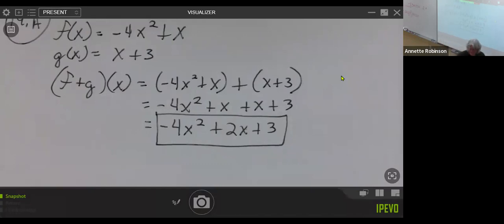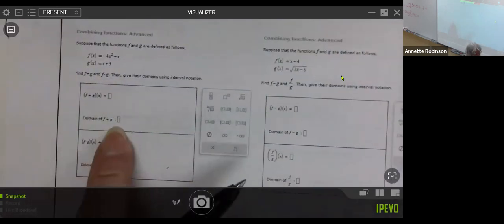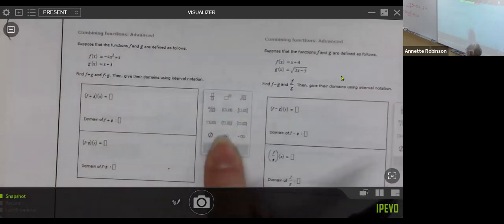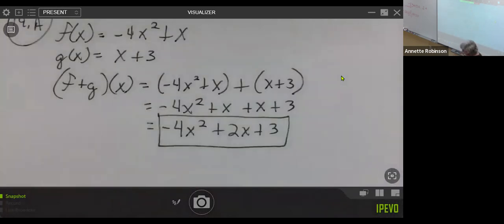The second half of that same box has another part. Give them the domain, and you will be given it in interval notation. Ask yourself this: did either function have a fraction?